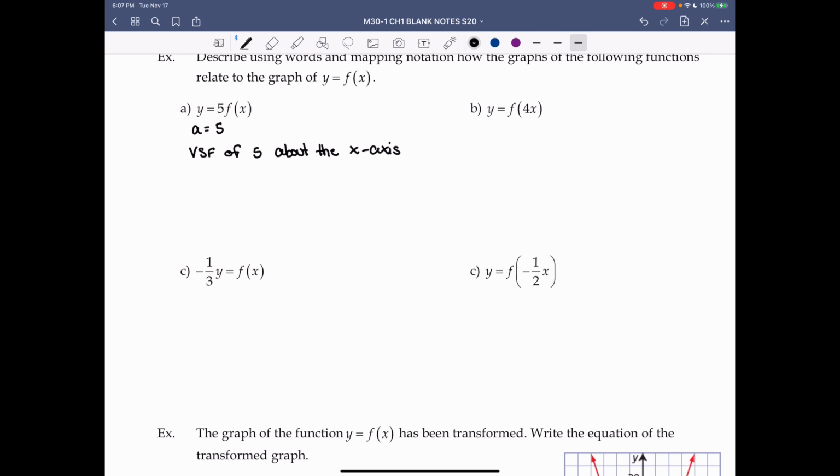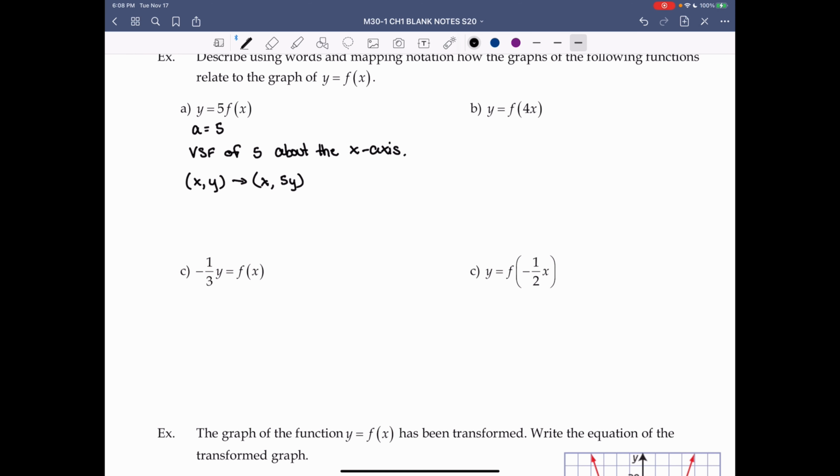Vertical stretches are about the x-axis. Then mapping notation, we'd have a point x, y on y equals f of x would become the point x, 5y on y equals 5 f of x.